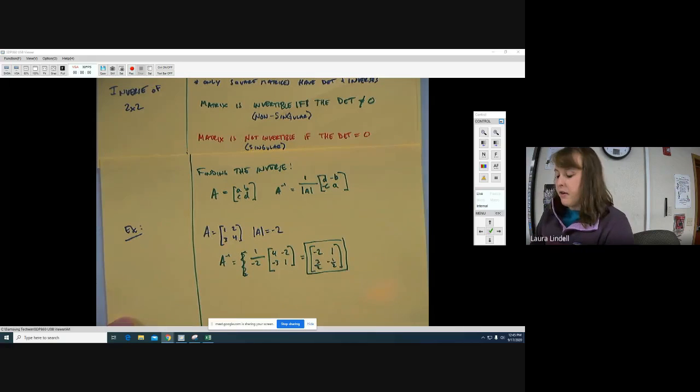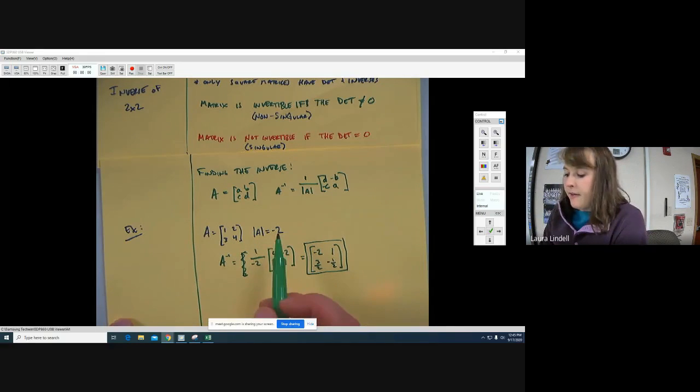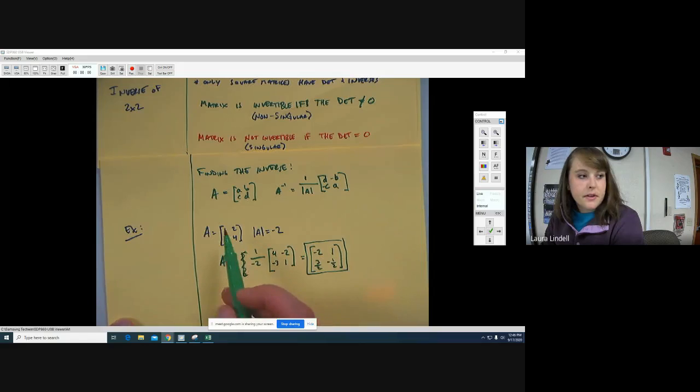Okay, so the steps there are just find the determinant, switch the first diagonal, change the sign on the second diagonal.